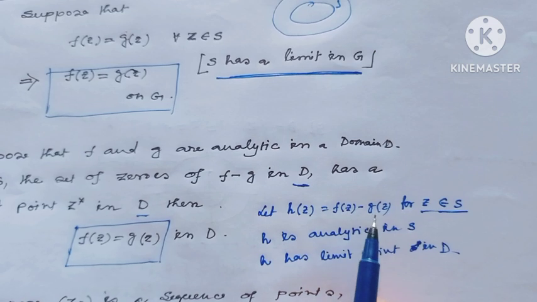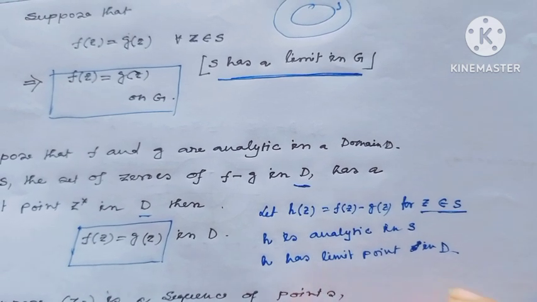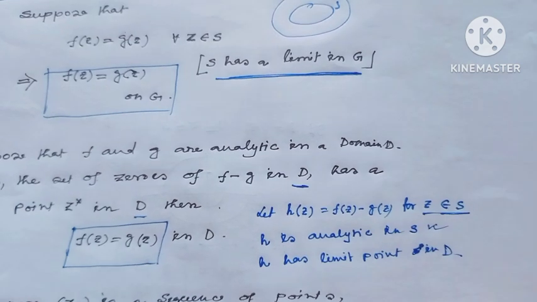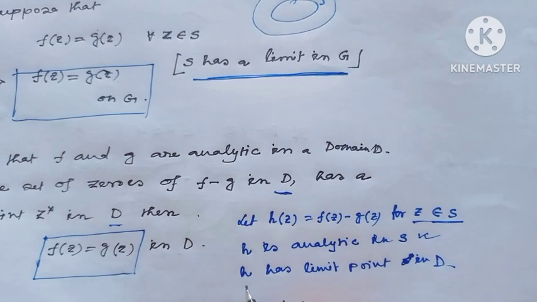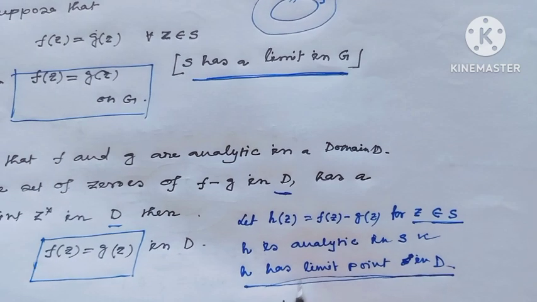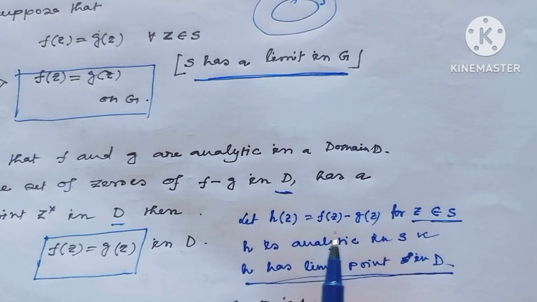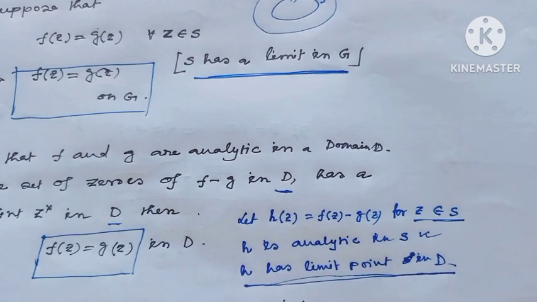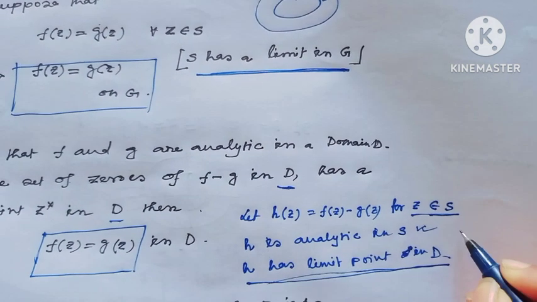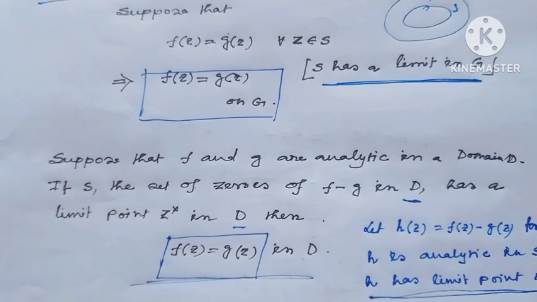Since f(z) and g(z) are analytic, their difference is also analytic. And if the zero set has a limit point in the domain D, then f and g are identical in the whole domain. I hope all my viewers have understood.